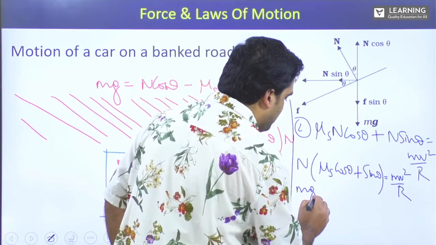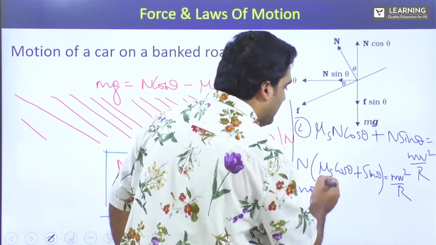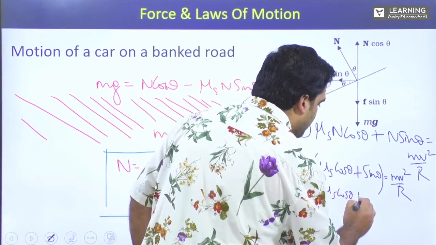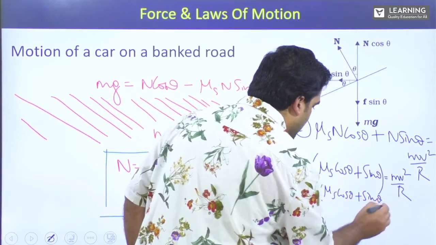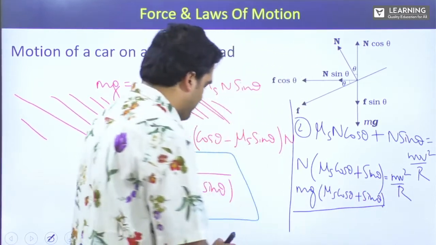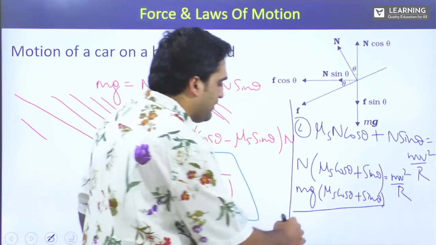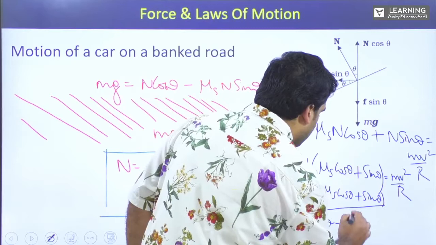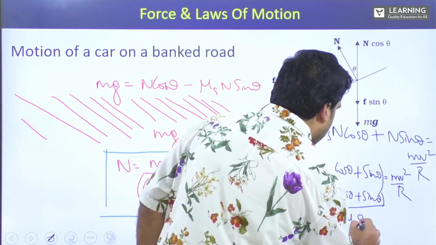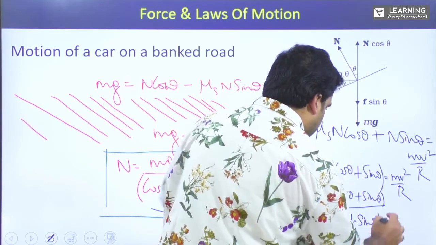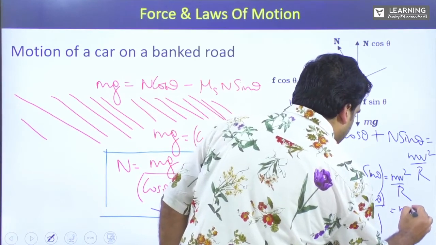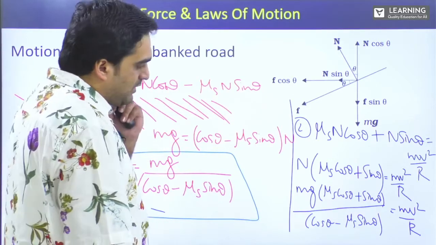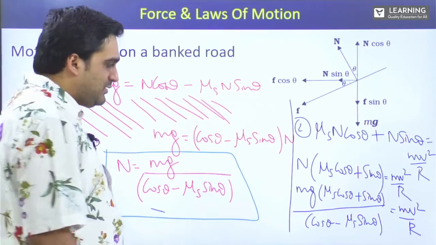So I'll write this term: mg times mu s cos theta plus sine theta, whole divided by the denominator cos theta minus mu s sine theta, is equal to mv square by r. Ooh, that's a big equation. Not too big, but sufficiently large.